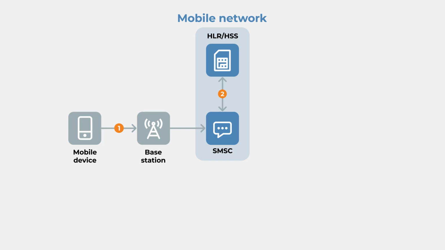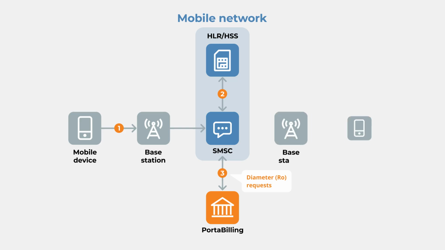The SMSC queries the HLR or HSS to check the destination subscriber status and obtain the routing information needed for delivery. For real-time authorization, the SMSC sends a Diameter Ro request to PortaBilling. PortaBilling authorizes the SMS and deducts it from the subscriber's balance or bundle allowance. The SMSC routes the message and initiates delivery to the destination subscriber via a base station.